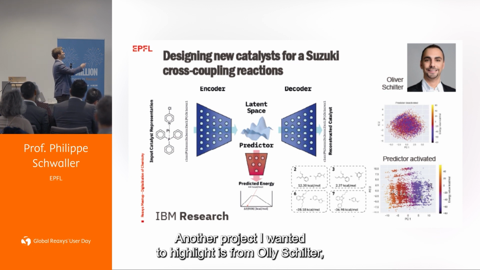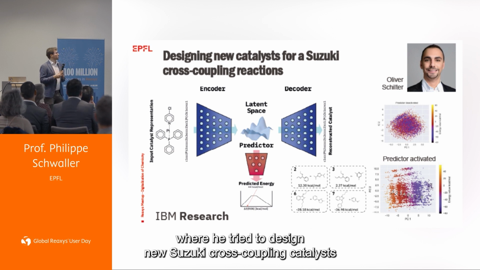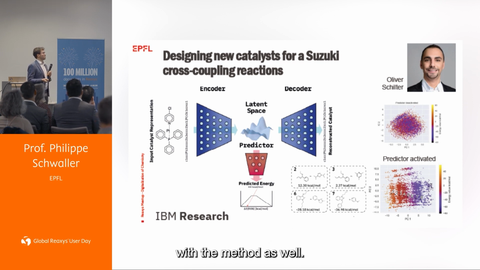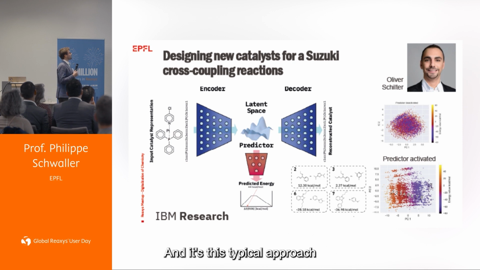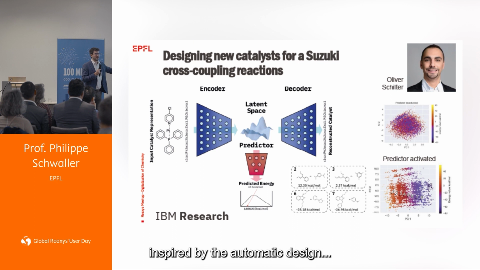So another project I wanted to highlight is from Olli Schilter, where he tried to design new Suzuki cross-coupling catalysts with the metal as well. And it's this typical VAE approach inspired by the automatic design paper by Gomez Bombarelli.